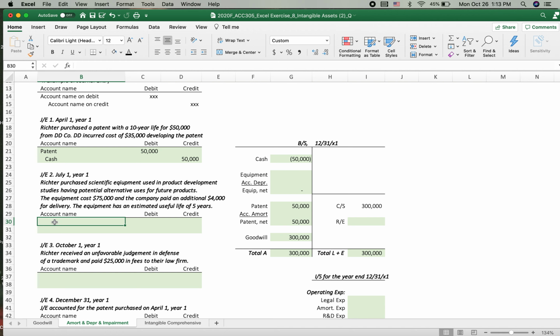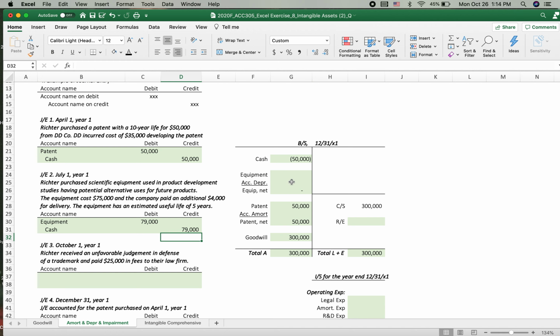So now, can we capitalize? Right, because it has potential alternative use for future products. So we put the equipment at 79,000, and then cash paid, the same, 79,000.